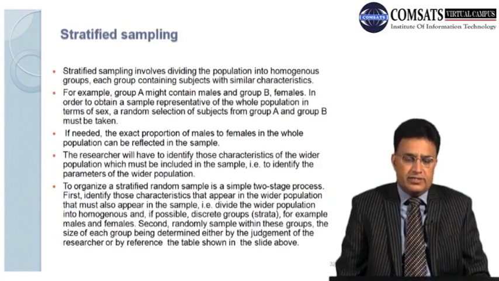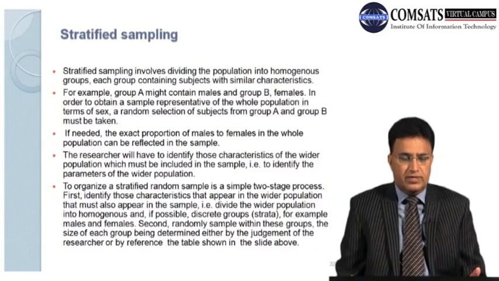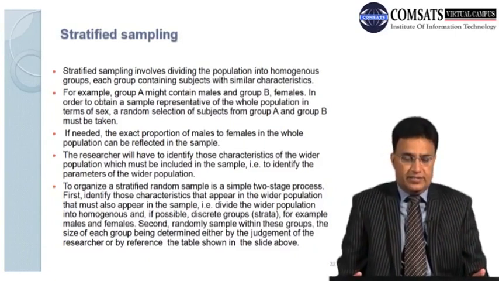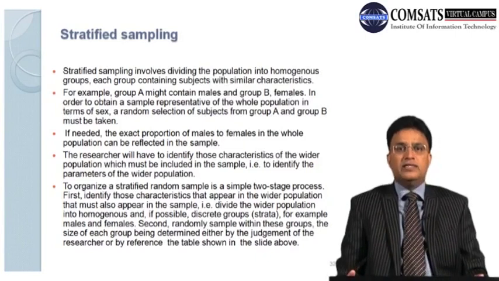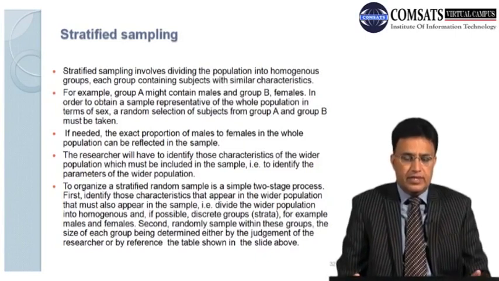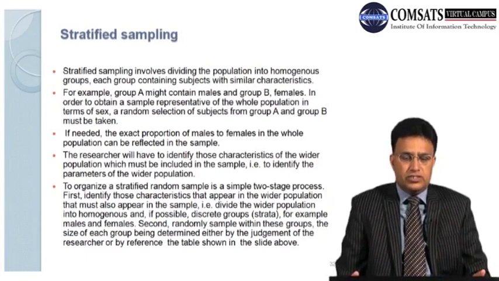So to organize a stratified random sample is a simple two-stage process. First, identify those characteristics that appear in the wider population that must also appear in the sample. That is, divide the wider population into homogeneous and, if possible, discrete groups.